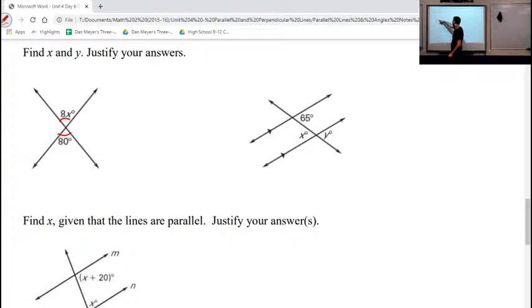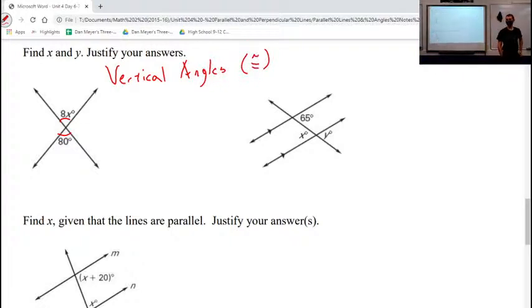These angles are across from each other. These are going to be vertical angles. And vertical angles are going to be congruent. Well, if they're congruent, then they should be the same, so we're going to make them equal.